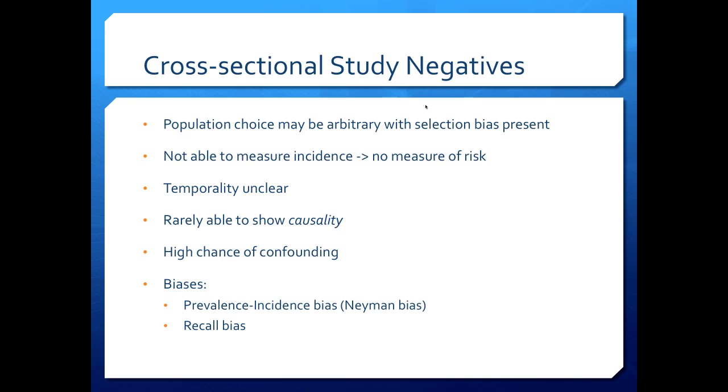The exposure may precede or follow the outcome. Although these studies are good for bringing new associations to light, they rarely establish causality. There's a high chance of confounding, as well as bias, including prevalence incidence bias and recall bias. In general, they're thought to be good studies for hypothesis generation.